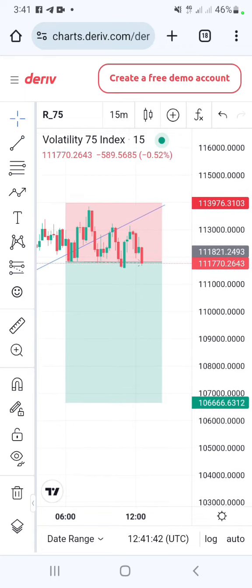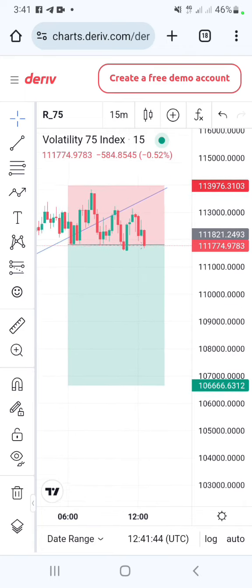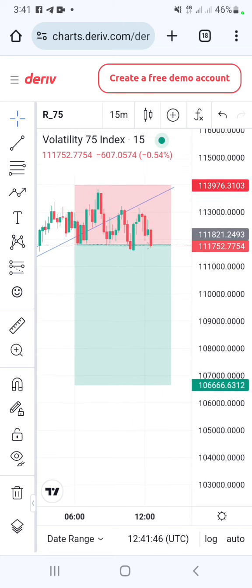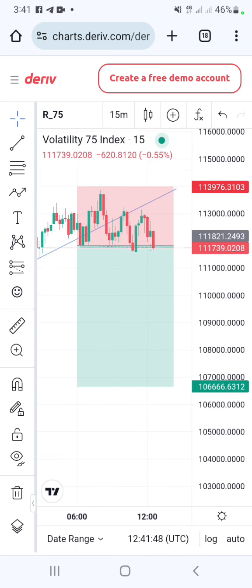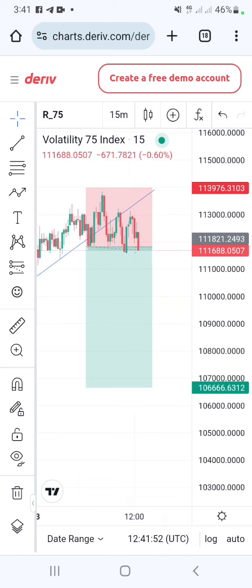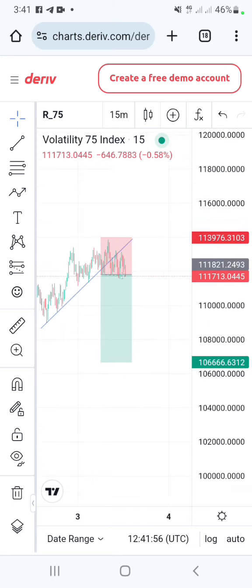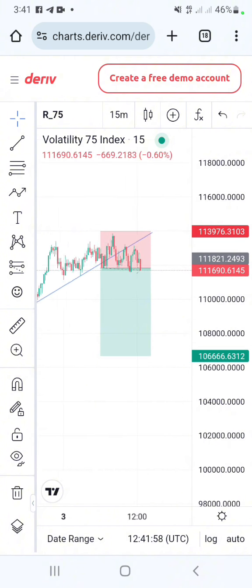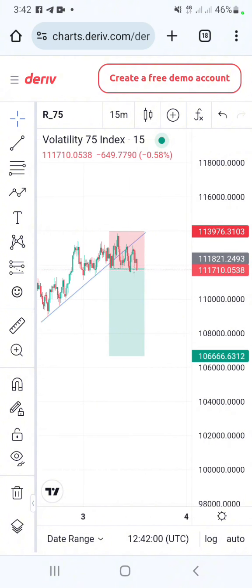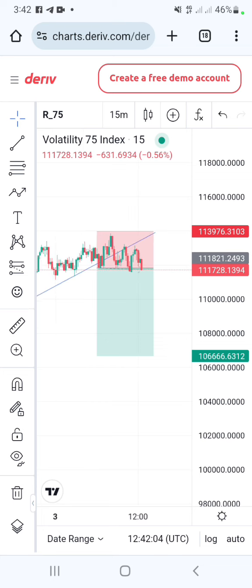When you trade with the trend, the trend is a friend for you. If you trade against the trend, then the market will also be against you. That is the point of identifying the overall trend and then trading in the same direction as that trend.